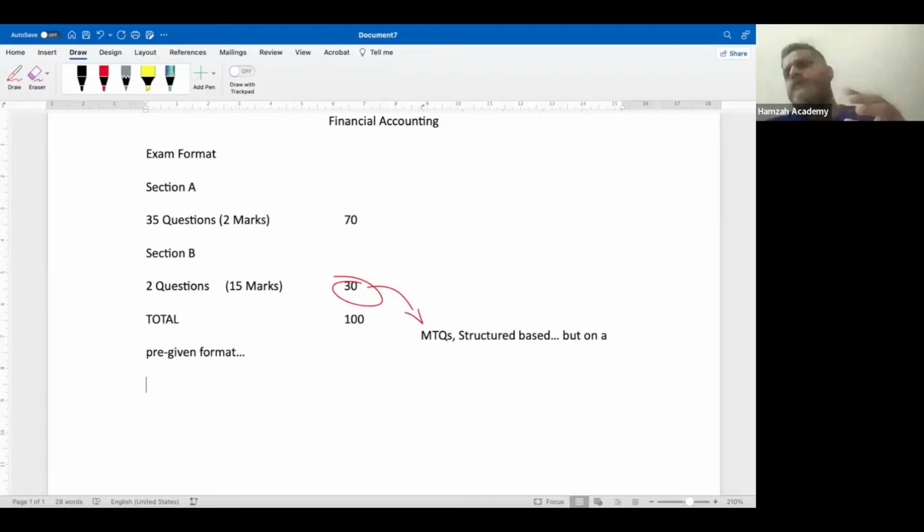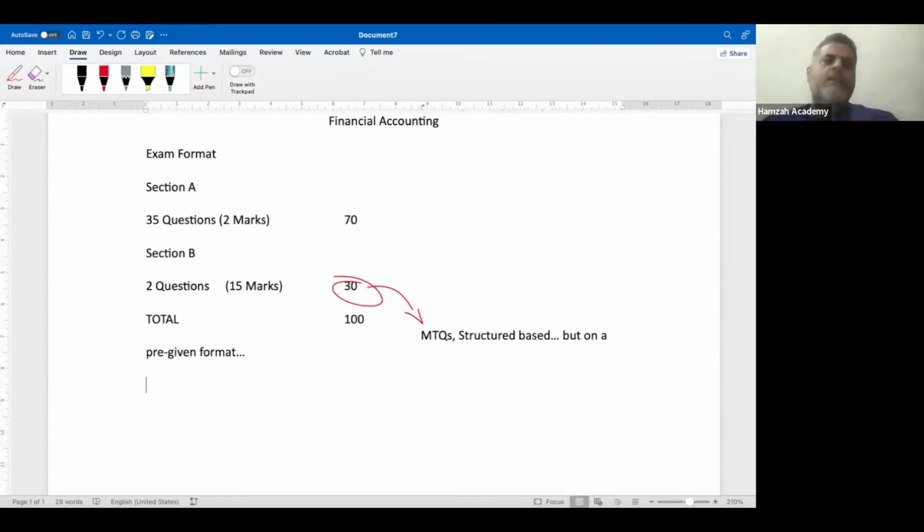Or they can be structured questions where you have to draft your answer, like the basics of consolidation or the basics of final accounts, naming the income statement or the statement of financial position. But the format is going to be given to you, and the examiner is going to ask you to fill it up, putting the figures in front of the boxes given to you.